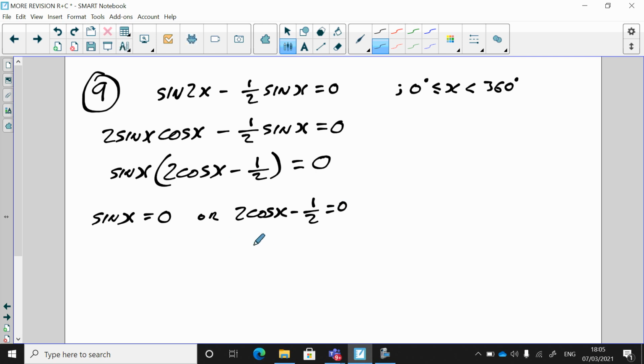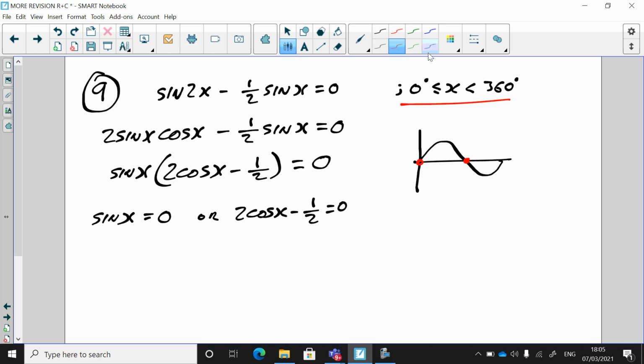So here, when sin x is equal to 0, because I know where my answers are here, what I'm basically doing is I'm going with my knowledge of the graph here of sin x. Where does it equal 0? Where it crosses the x axis between 0 and 360 and not including 360.